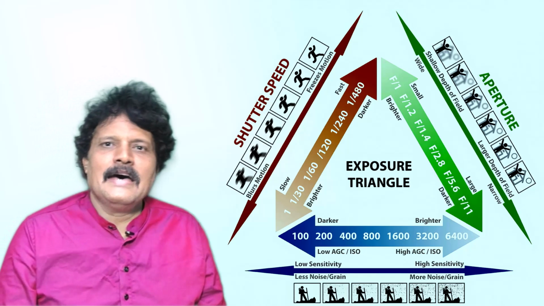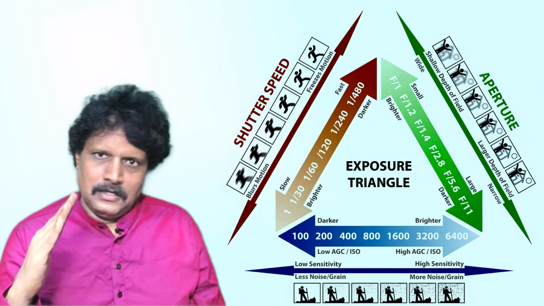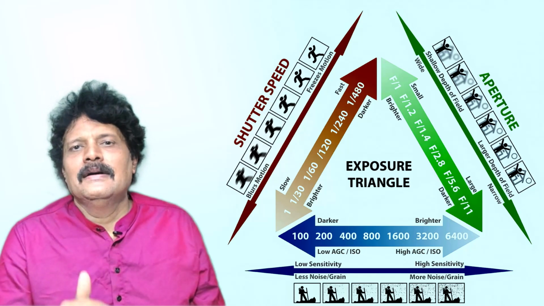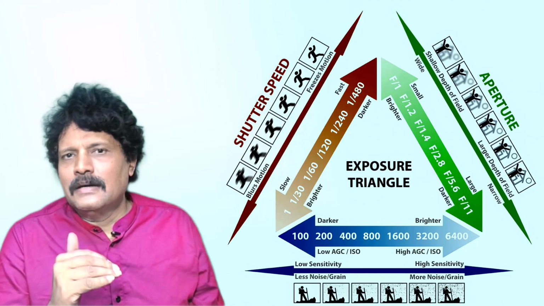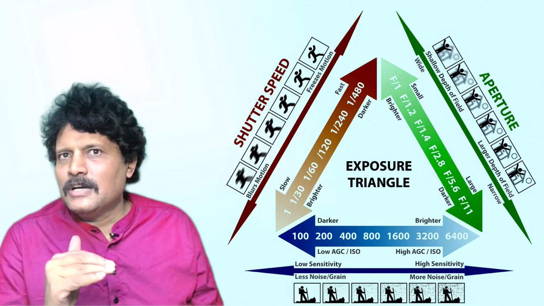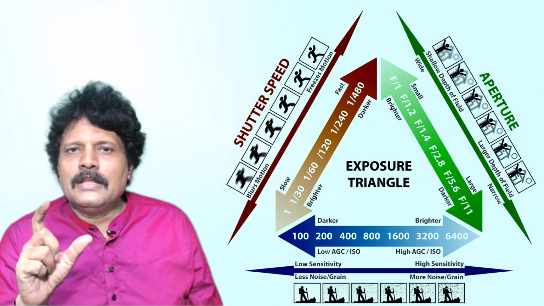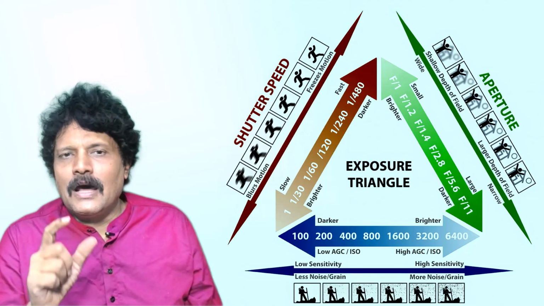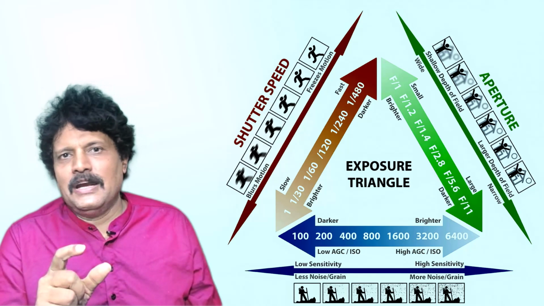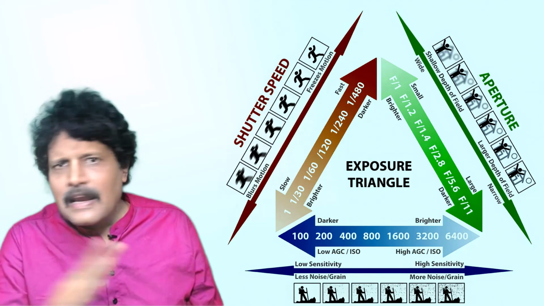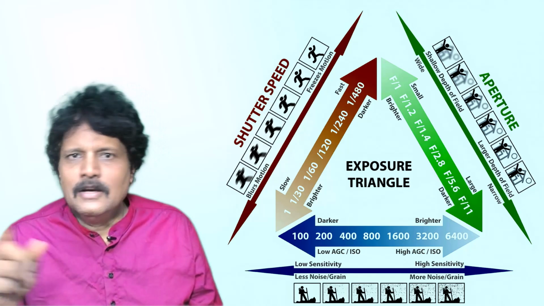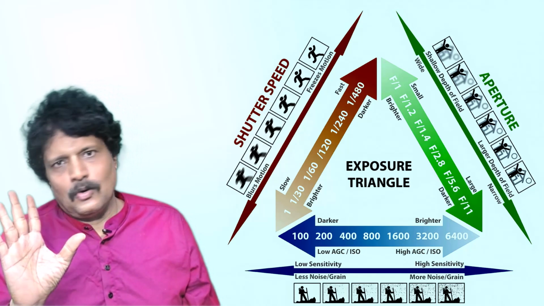We call this aperture, shutter speed, and the third is the film sensitivity measured in ISO. So, we are going to control the light reaching the film and maintain it constant at the required rate irrespective of the shooting condition using these three controls.